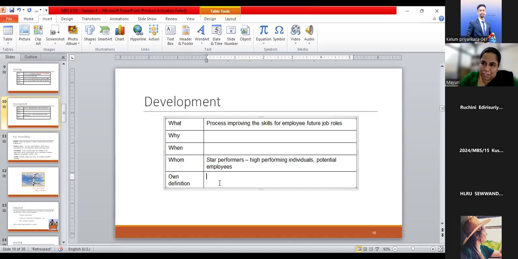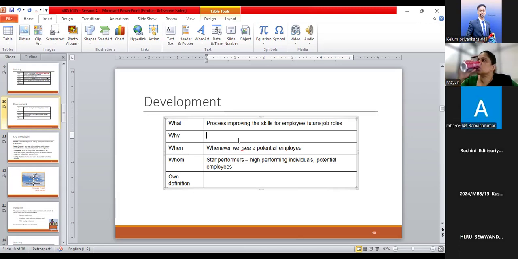Whenever we see a potential employee, we quickly put them into our succession plan. So why do we need development or succession planning? For future development or future function.